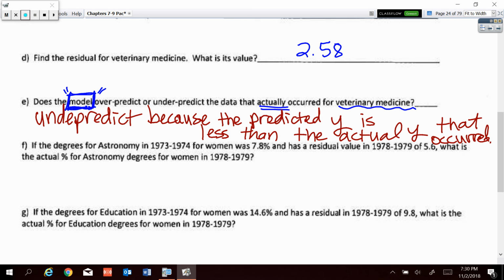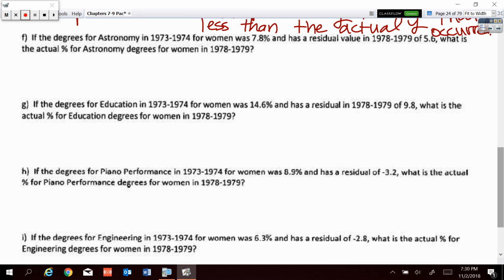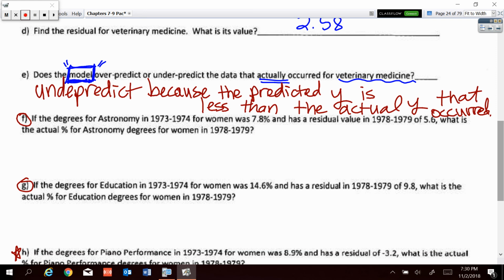All right, now we're going to finish this out. One last idea. In class, we just did letter F and letter G, because I want to save H and I for next class as a little review. So let's take a look at these next two, F and G. Letter F says, if the degrees for astronomy in 1973-74 for women was 7.8, let's take a moment to see what that is talking about.